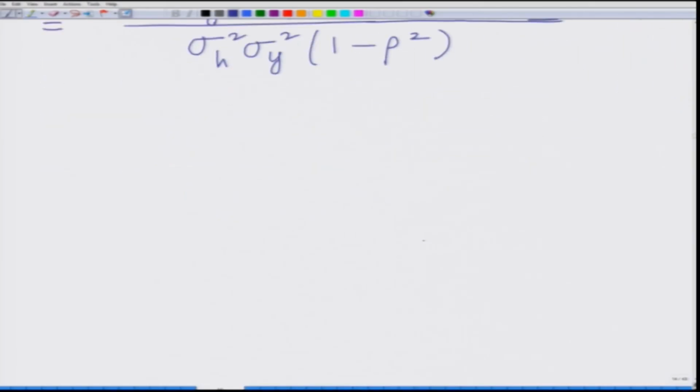Okay. And therefore, the joint probability density function is given as, remember we go back to our earlier relation for this joint probability density function.